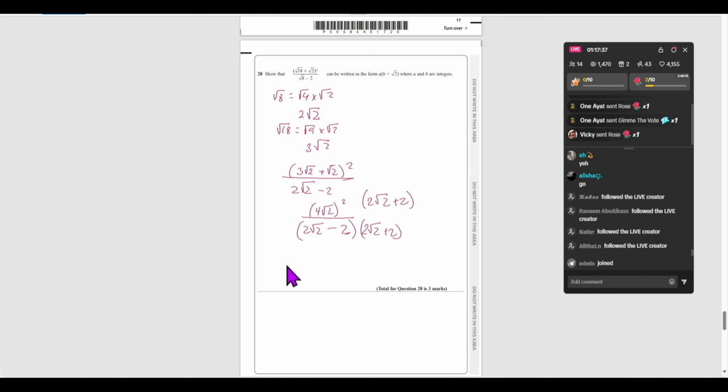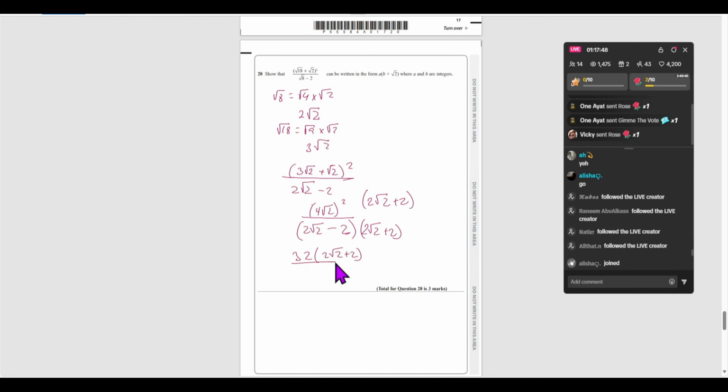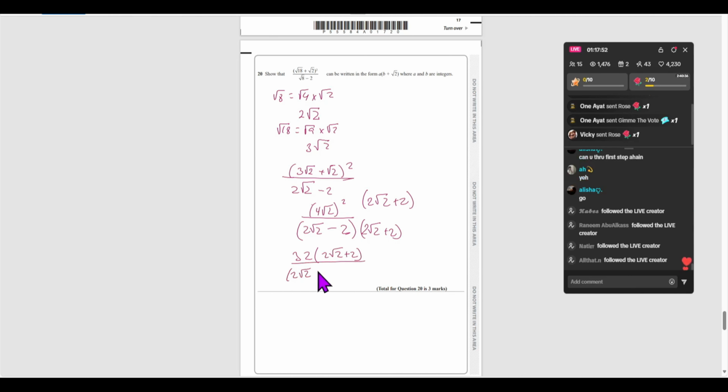And then you will get 64. After our long calculation, you will get 32. Then 2 root 2 plus 2, and then that 2 root 2 minus 2, and then 2 root 2 plus 2.